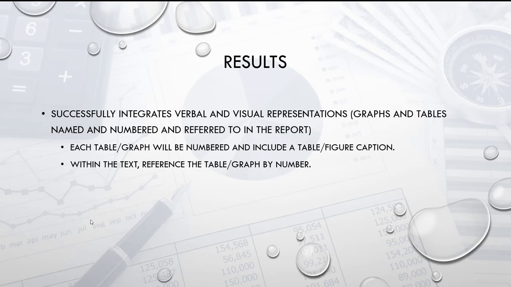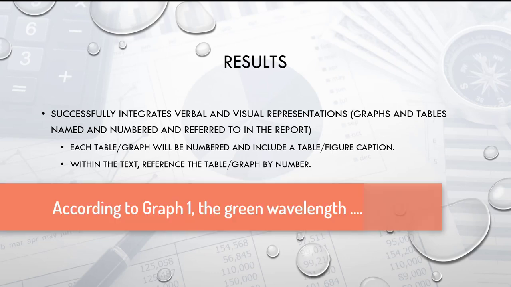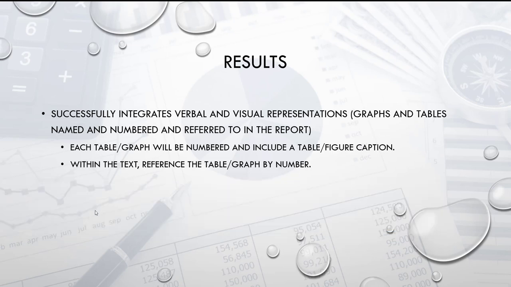For example, in the text you can say, according to graph number 1, the green wavelength of light seems to exhibit the least amount of photosynthesis or the most amount of photosynthesis, and so on. So you're going to reference the table within the text. Okay, so that's part of the rubric. You need to successfully integrate verbal and visual representations. So reference the graph and make sure you number the graph.